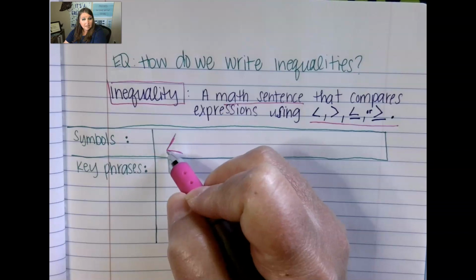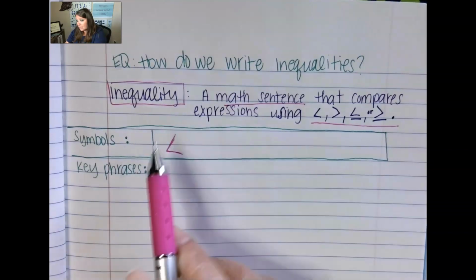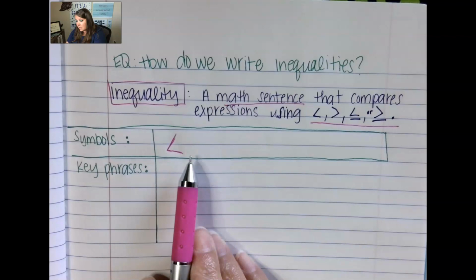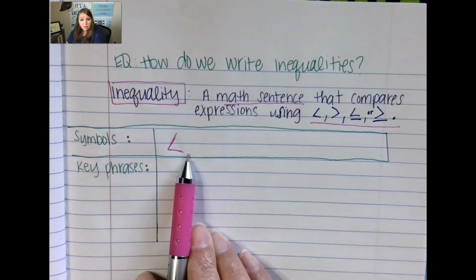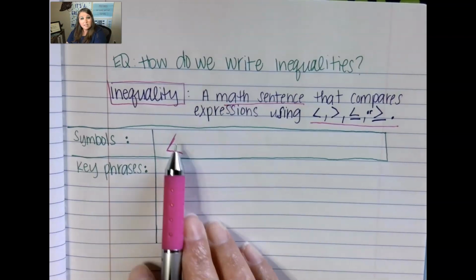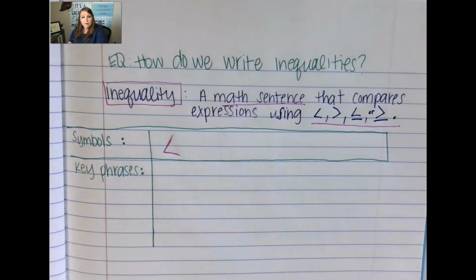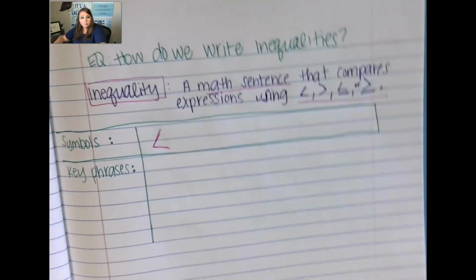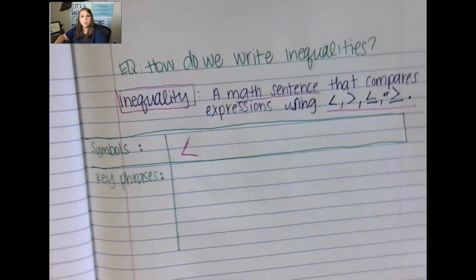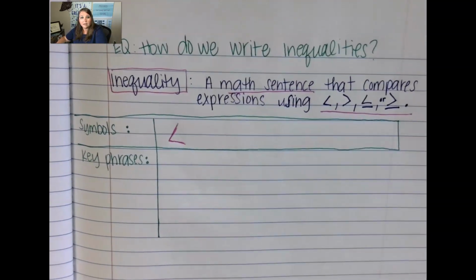This is a less side. So when you read this, you would read this as something less than something. You could also look at this like an L. If I were to turn this symbol like that, it kind of looks like an L. So that's how you can remember if it is less than.